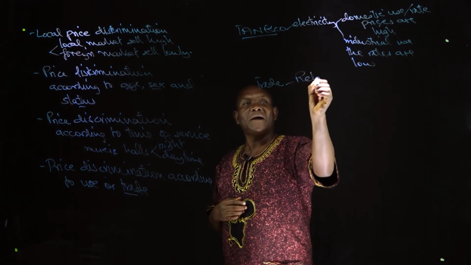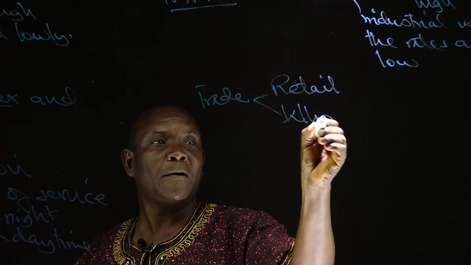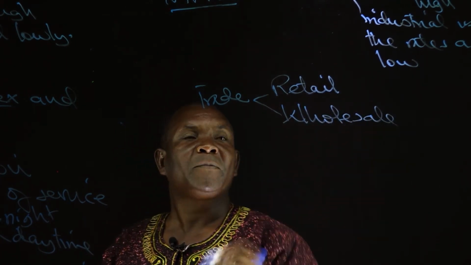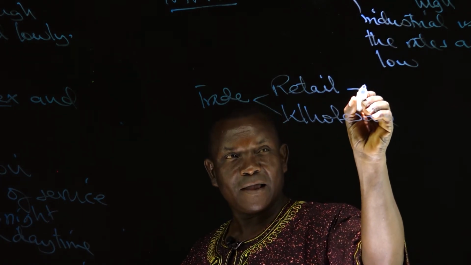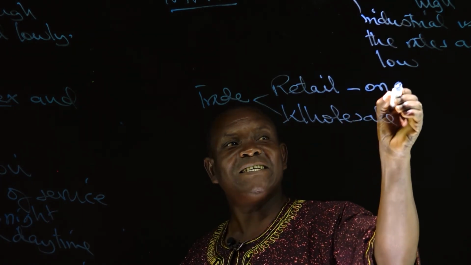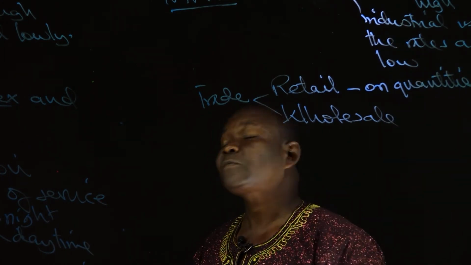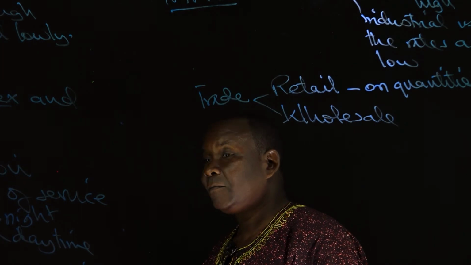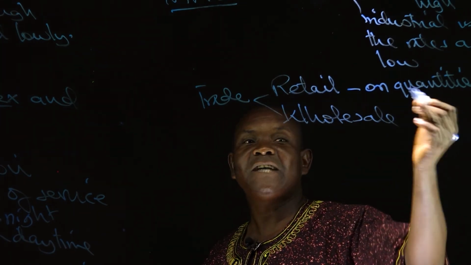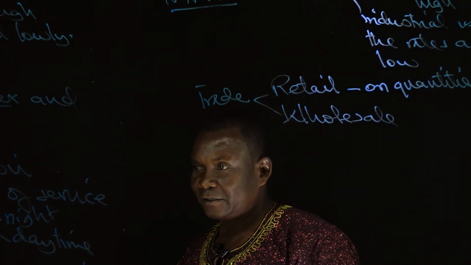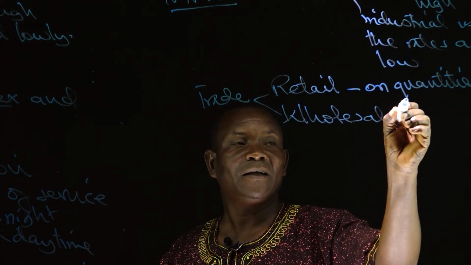You have retail and wholesale. If you buy a commodity in small quantities, you buy maybe charcoal in a tin, the rates are high.